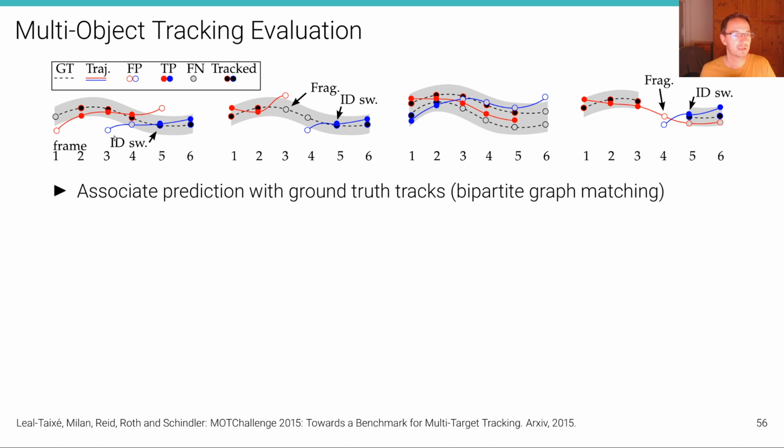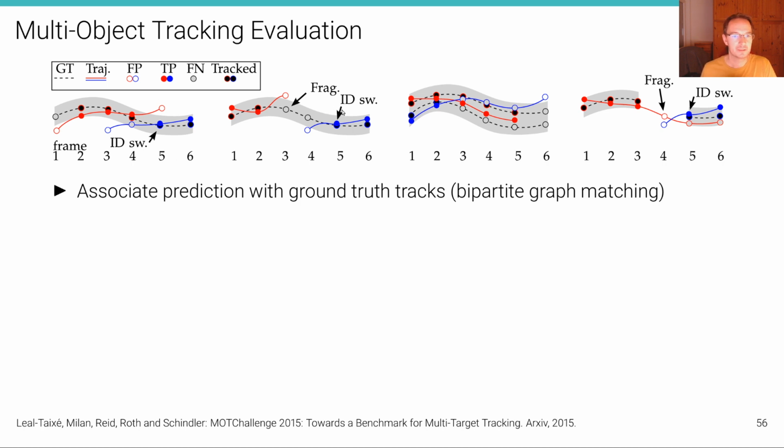But these nodes are not associated because they are either too far from the ground truth indicated here by this gray corridor, or because the other node was a better match. And so if a circle is non-filled and colored, it's a false positive. It's a false positive detection. And if a node of the ground truth is not filled, it's a false negative because it hasn't been detected by any of these tracklets that have been predicted, these tracks, these trajectories.